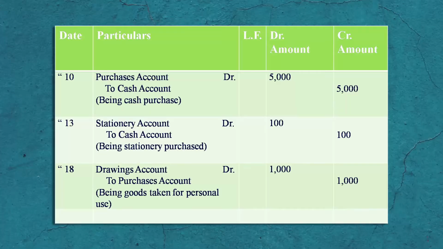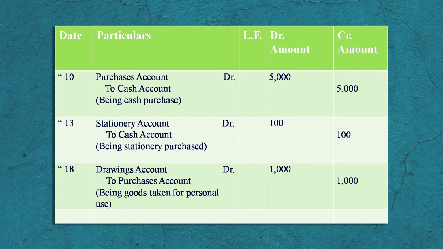So here drawing account has been affected and the second one is purchases account. Purchases being an expense for the business. Goods taken by the proprietor for personal use, so goods are being reduced.